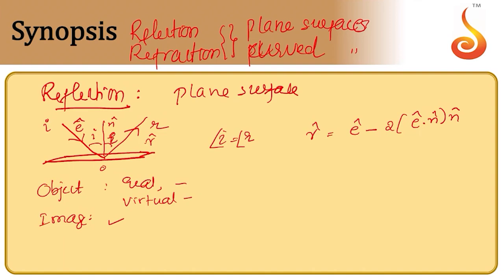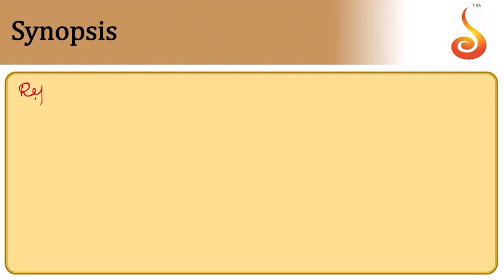So if I consider reflection by a plane mirror, remember the size of the image is same as that of the object. For a real object, the image is virtual, and for a virtual object, the image is real.